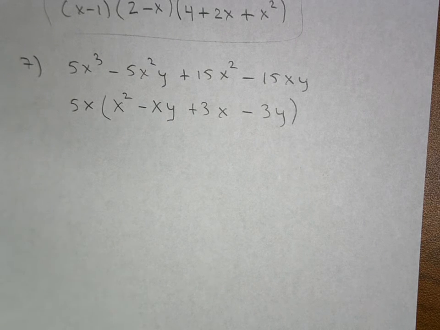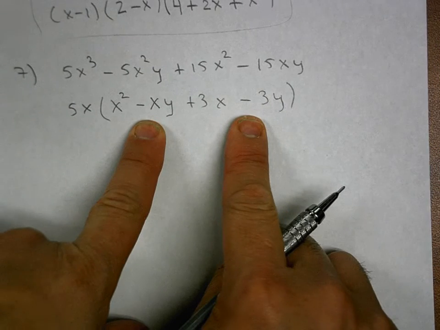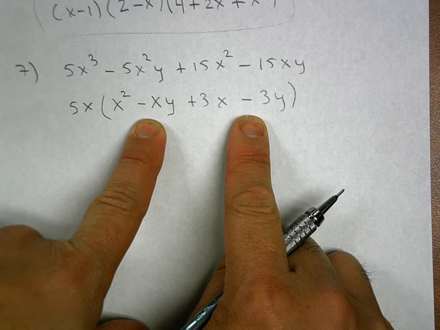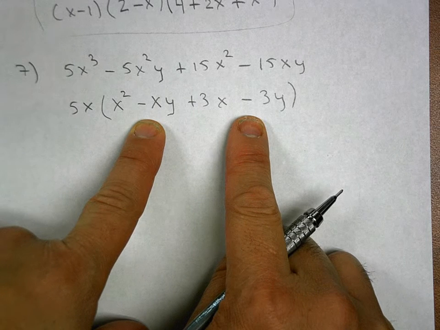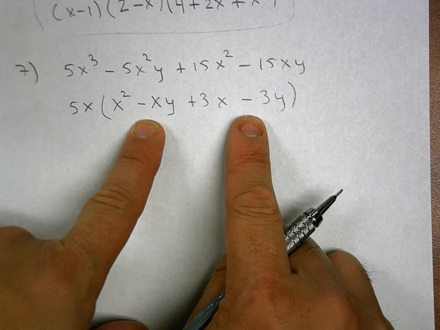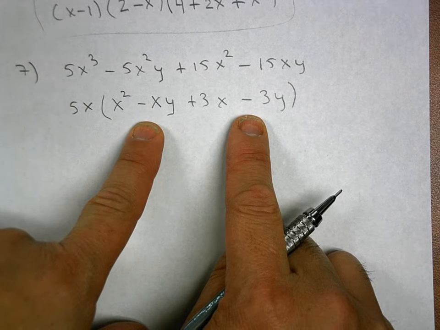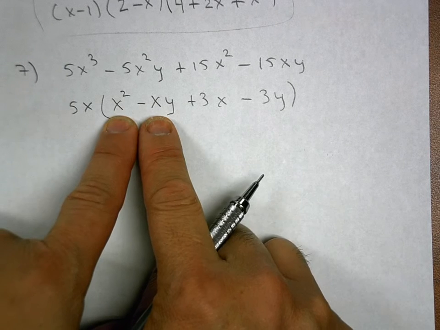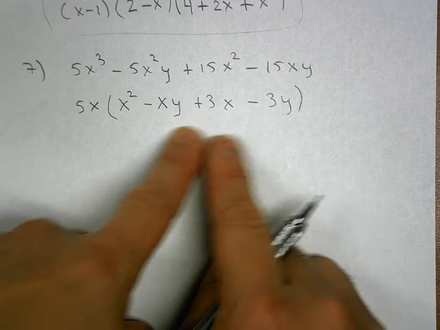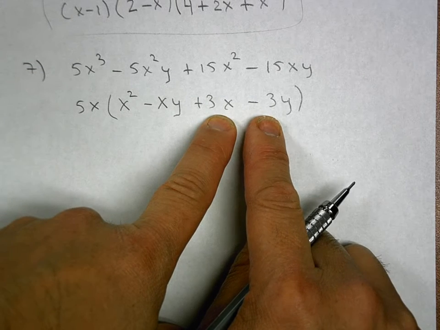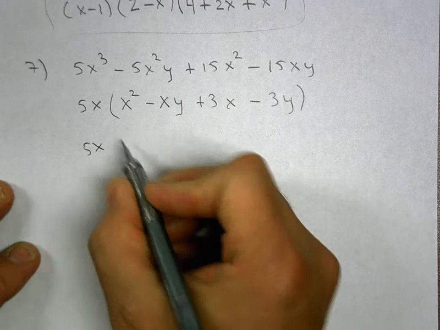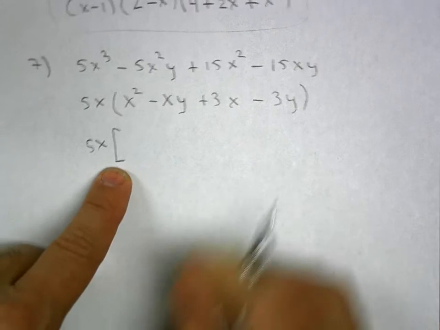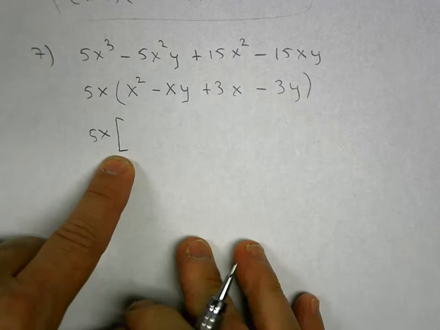So now what about all this leftover stuff? How do we factor this? Can we factor by grouping 2 and 2? Do these 2 have something in common? Yes. And do these 2 have something in common? Yes. So we have 5x, which is going to tag along there, times, I'm going to put it in parentheses because I know I'm going to use other parentheses.